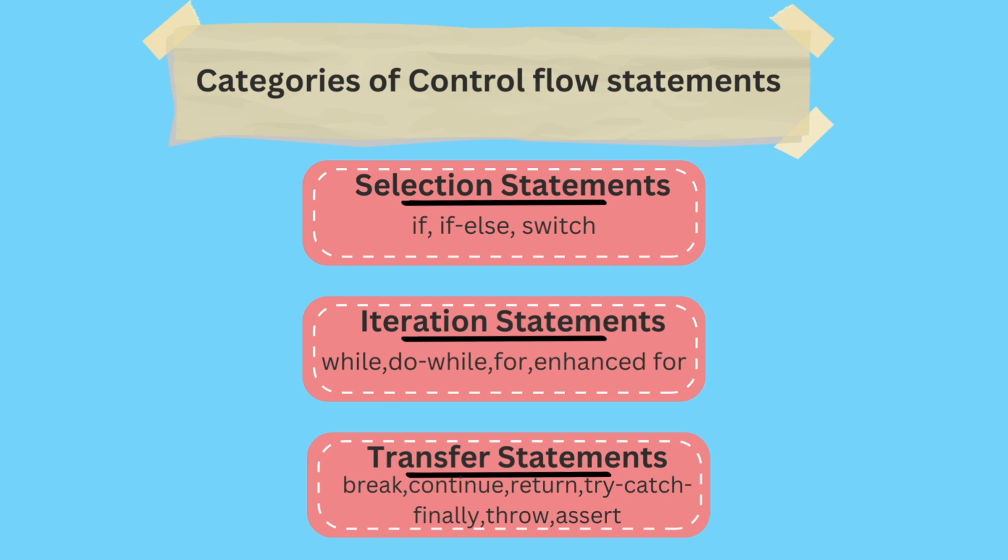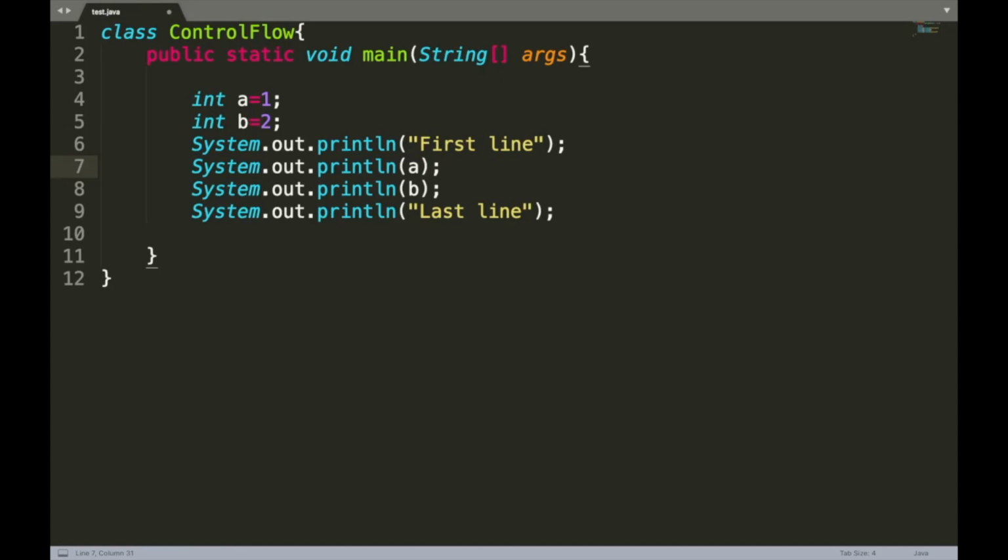There are three main categories of control flow statements: first, selection statements, then iteration statements, and finally transfer statements. In this video, we will discuss two types of selection statements, that is if and if-else statements.